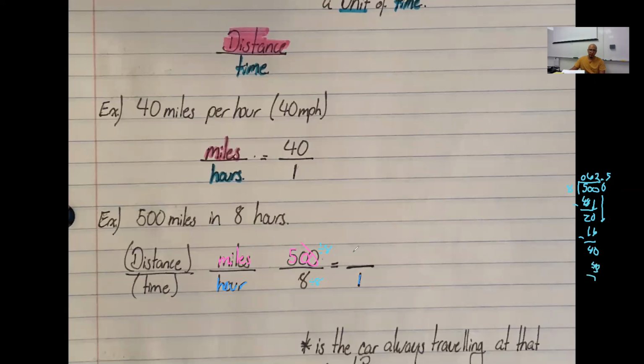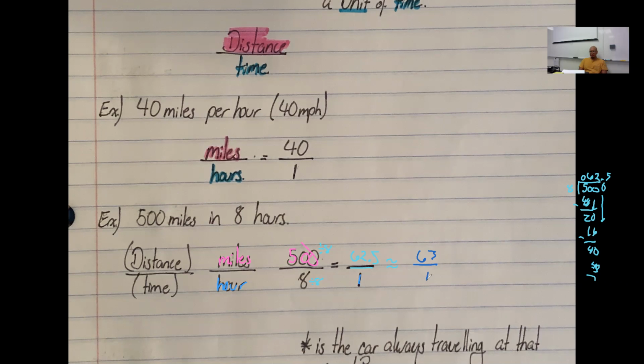So that means that we are going at a rate of 62.5 miles in 1 hour. I'm going to round that up to be about 63 miles per hour. So in theory, if somebody is moving at 63 miles for 1 hour, they will have traveled 500 miles, a little bit more, but about 500 miles.